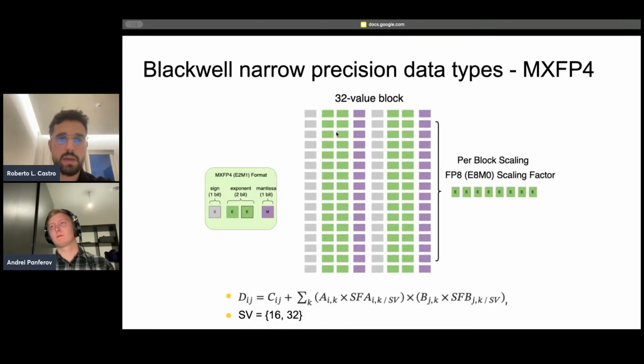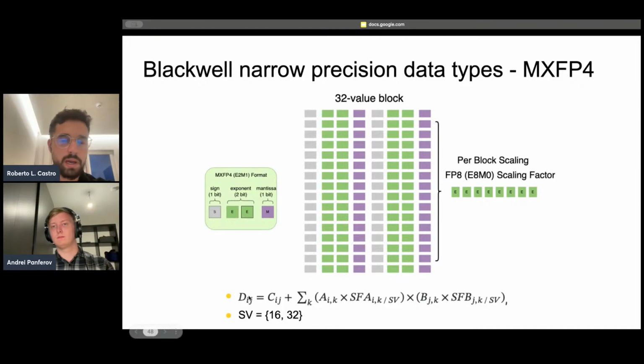And then if this matrix in the middle is our matrix, for each column, each group of 32 elements is going to be assigned a scaling factor. And this scaling factor, for this MXFP4 format, is represented by an FP8 value with the E8M0 representation, which means that all 8 bits are exponent bits.